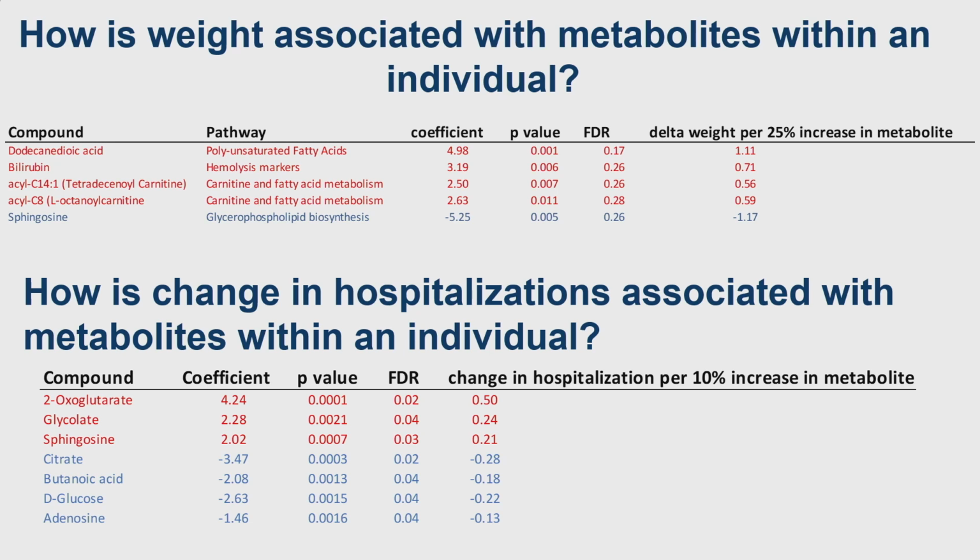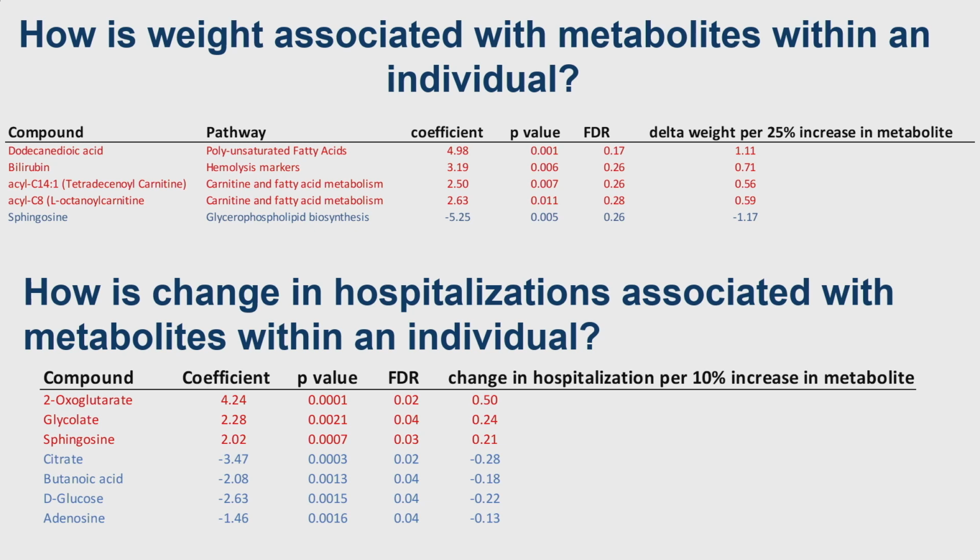When you look at the relationship with inflammation, metabolites seem to have a stronger relationship with inflammation. And so as an example, similar to what I just did with the other table, if you look at the first one, 2-oxoglutarate, so for a 10% increase in that metabolite, that is associated with a 50% increase in hospitalization rates.